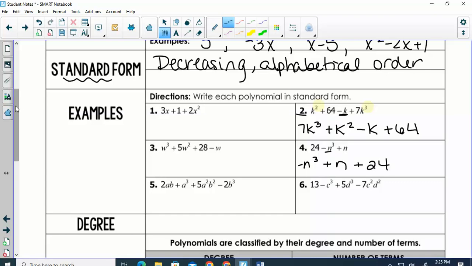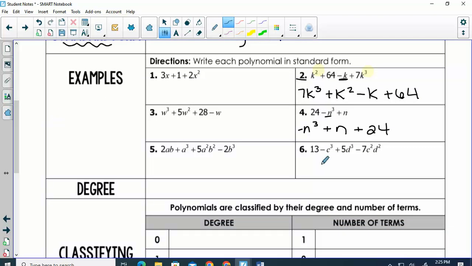Alright, 16. This one does have 2 variables. Which one would we go with first? C. Alphabetical order. Alright, then what? Right, anything with a C we're going to put first.